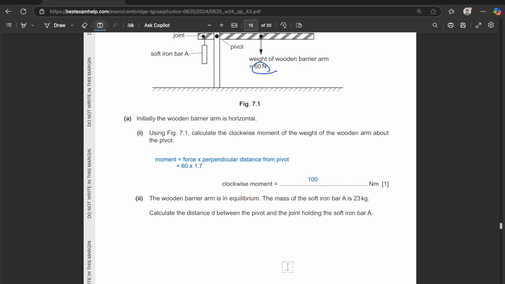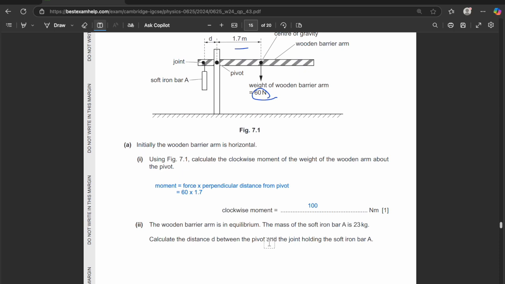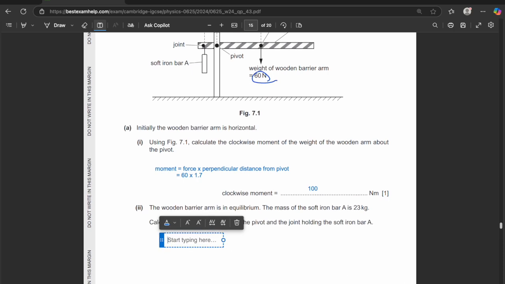2. The wooden barrier arm is in equilibrium. No net force, no net moment. The mass on the soft iron bar A is 23 kilograms. Calculate the distance between the pivot and the joint holding the soft iron bar A. So now this is like 3 marks, so you have to write all the things.